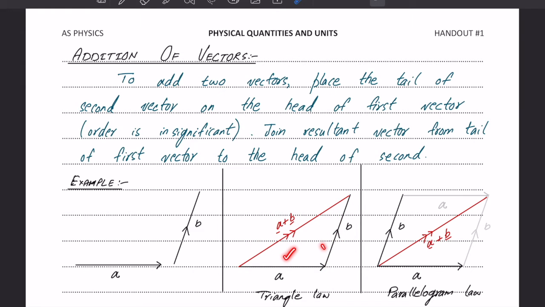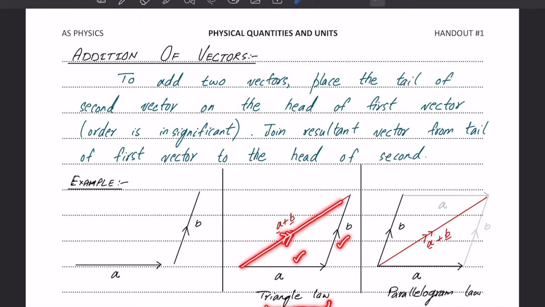Now, once you do this, you draw the head of second vector, and it doesn't matter what you take as a second vector. So you could also have done B first, then A, and you could still have drawn A plus B the same way. You still get the same answer. But if you've gotten yourself A plus B, then this particular method where you draw the tail of second vector onto the head of the first vector and then draw the resultant, is also called triangle law of vector addition.